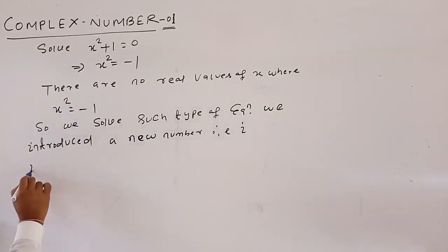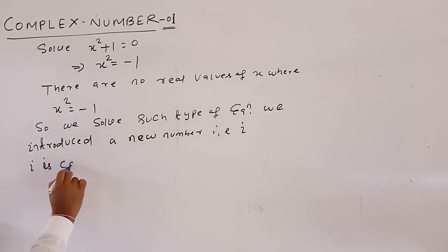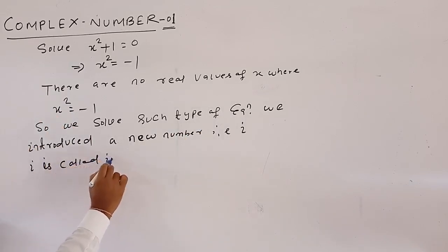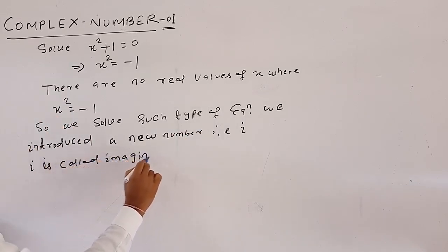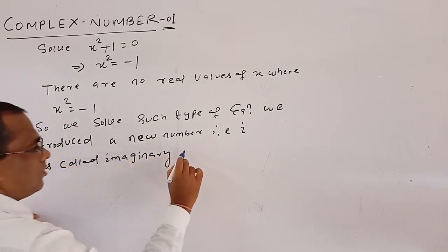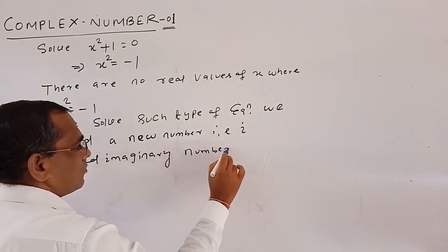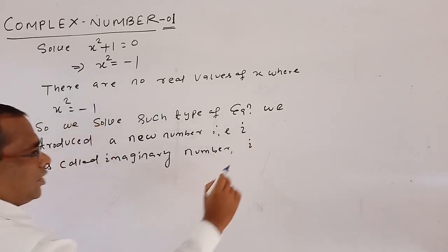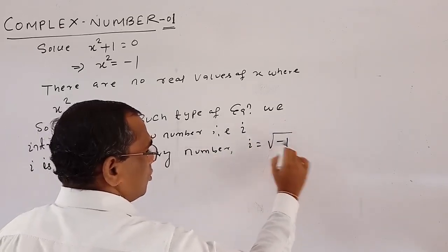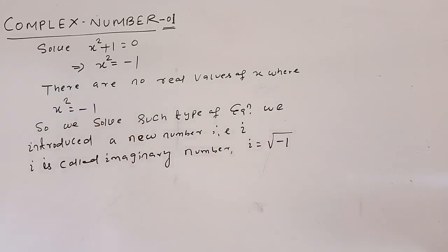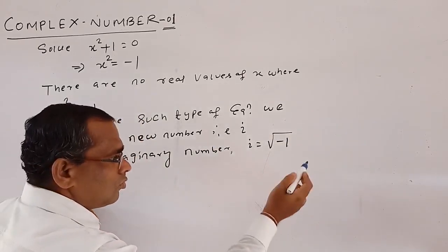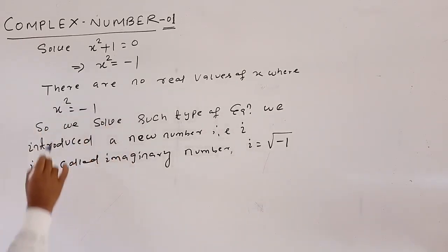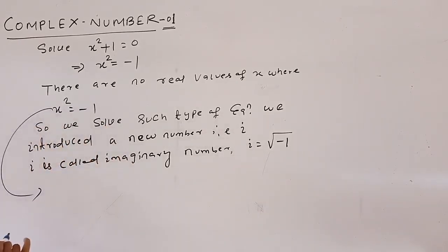I is called imaginary number. Its value, I equal to root over minus 1. So I equal to root over minus 1, that means I square equal to what? Minus 1.